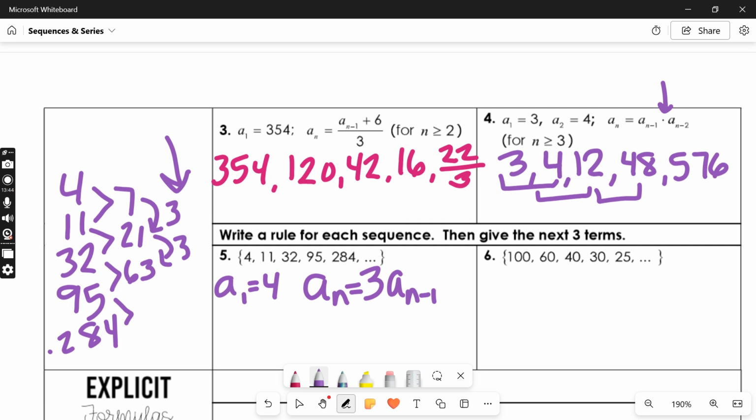So 3 times 4 is 12. But I need it to be 11. So minus 1. And I could make sure that works with the next one. 11 times 3 is 33. Minus 1 is 32. And you could check it with each one to see if it's working or not.